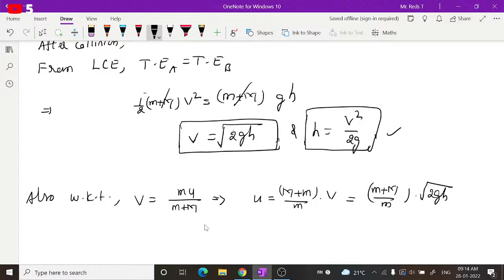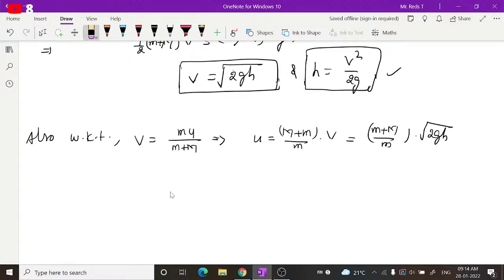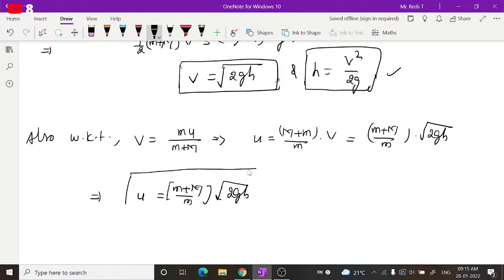So you can express final velocity in terms of height raised, or height in terms of velocity, whereas you can also express u is equal to (m plus M) by m into square root of 2gh. So all these expressions you have to remember, guys. These are a few things you just need to have an idea about.